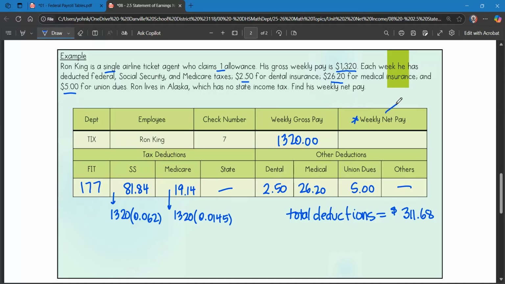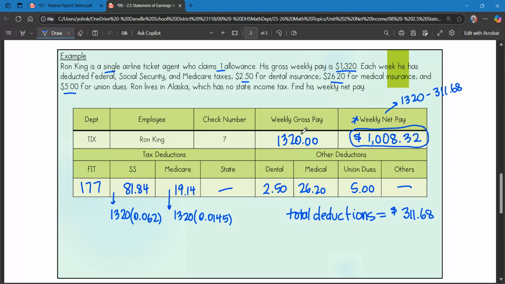So to find the net pay, you're going to take the 1,320 and you're going to subtract the taxes or the deductions, $311.68. If I do that, I'm going to get a weekly net pay of $1,008.32.